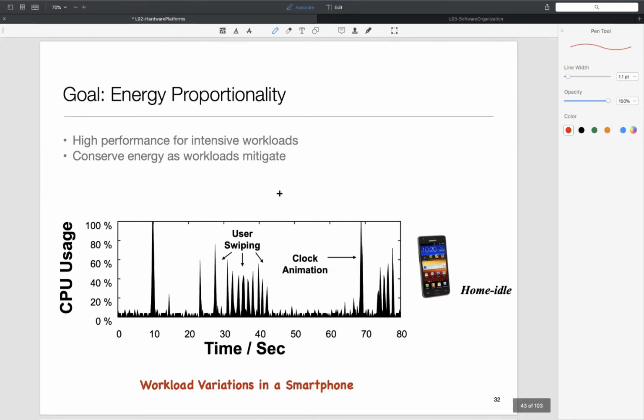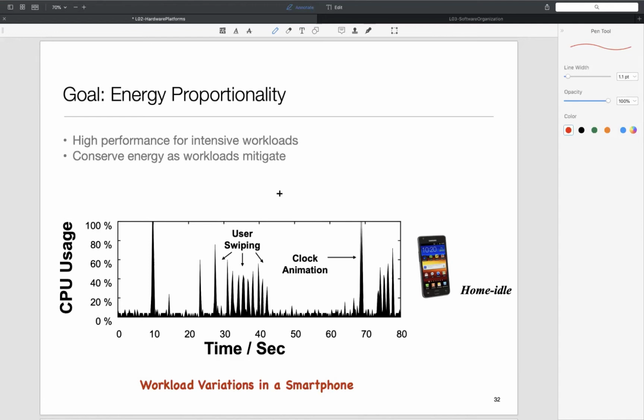So what do we do in this setting? Clearly the objective, the goal that we have in mind can be pretty complicated. One goal which people have articulated, and this comes from a famous paper out of Google in the context of data centers, is energy proportionality, okay?